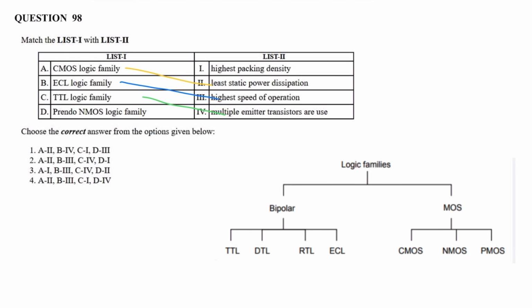Next, NMOS logic family, that is highest packing density. Therefore, A2, B3, C4, D1. Correct answer is option 2.